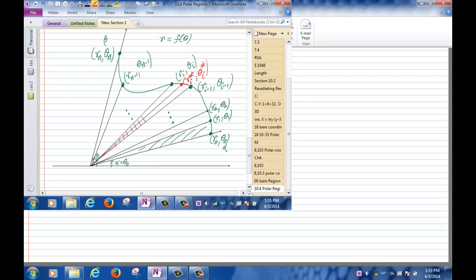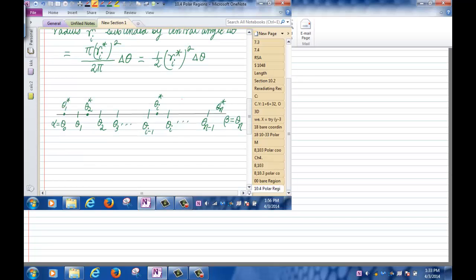I am going to approximate this ith segment by the area of a sector of radius Ri star subtended by the angle, I forgot to say, let's say the length of each subinterval here is delta theta, right?